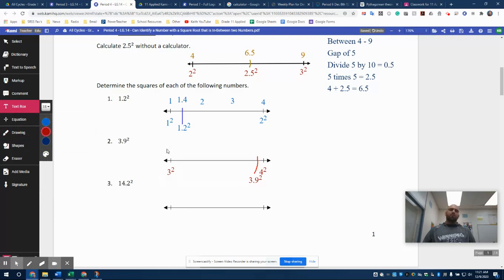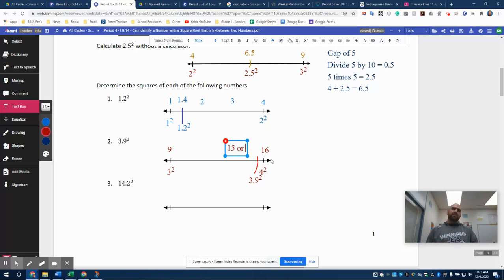All right, now on top, my perfect squares. 3 squared is 9, 4 squared is 16, and that means that 3.9 squared is going to be somewhere between 9 and 16, but probably really close to 16. We could say it's 15 if we want to just leave it at that, again trying not to get too accurate.